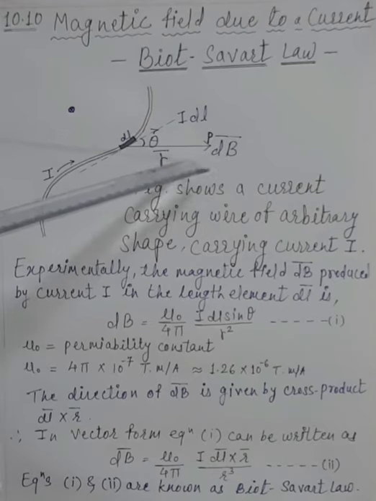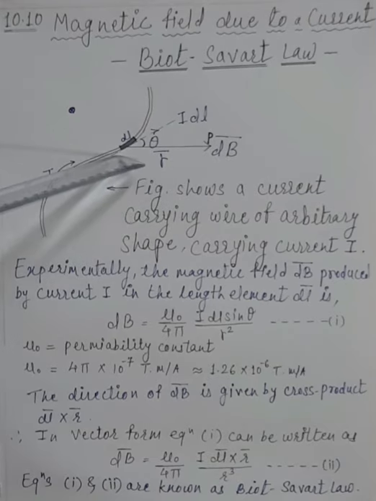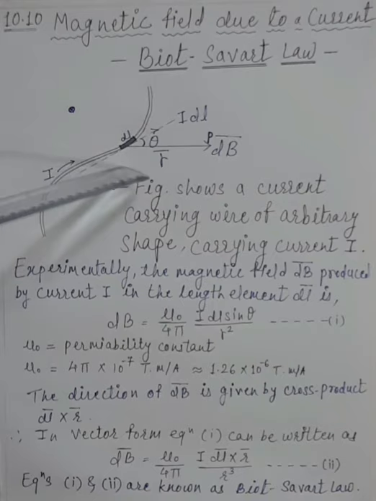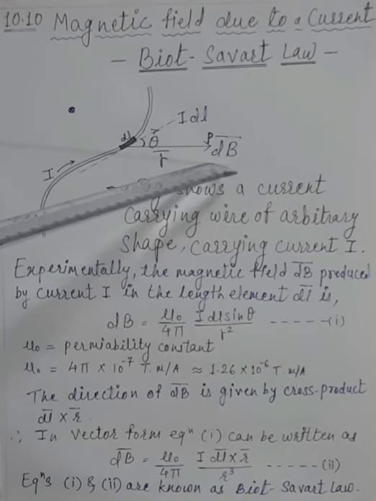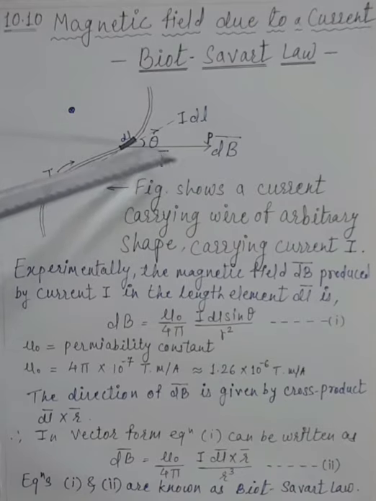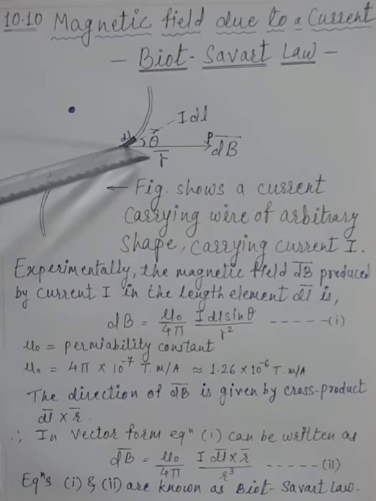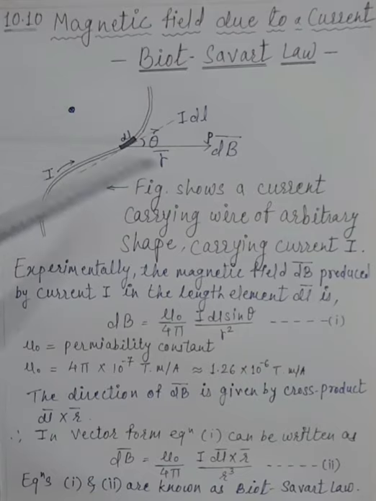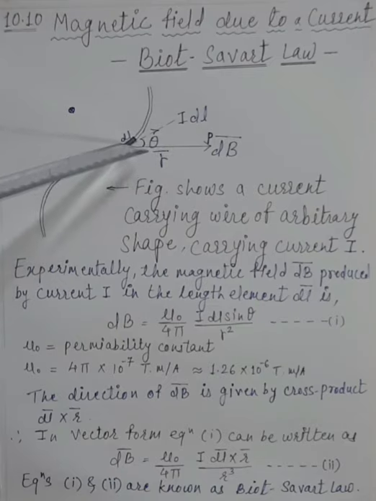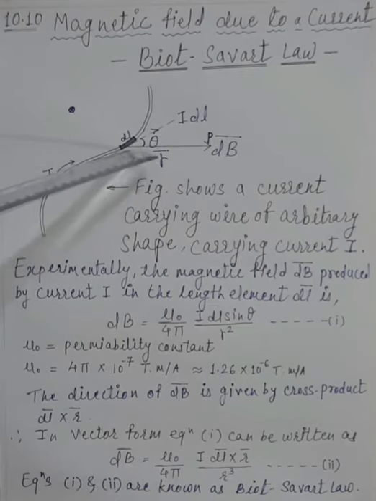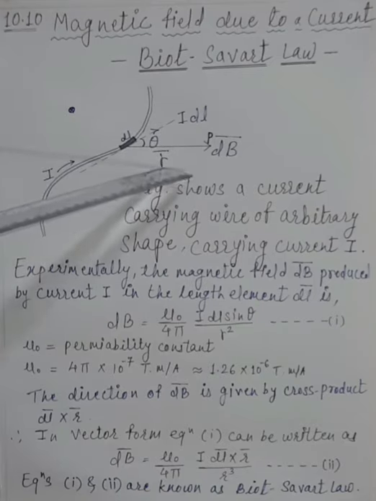P is any point at a distance r from this length element dl. We have to find a small magnetic induction dB bar at point P due to the current flowing through this element dl. Let theta be the angle between the element dl and vector r bar.